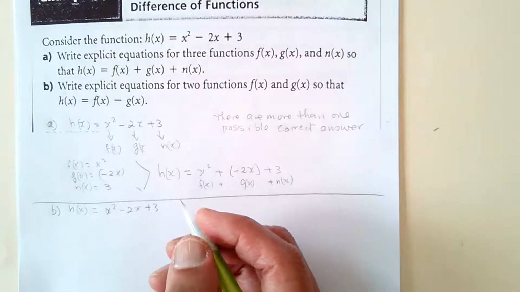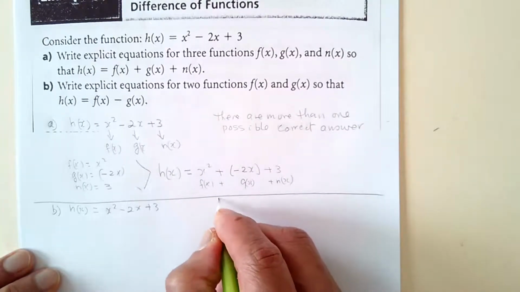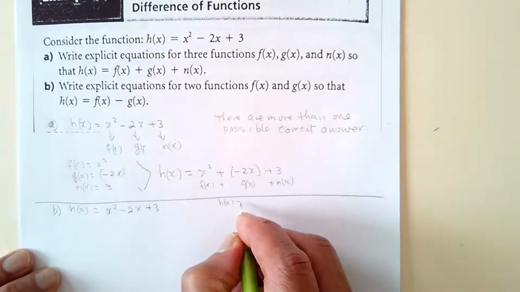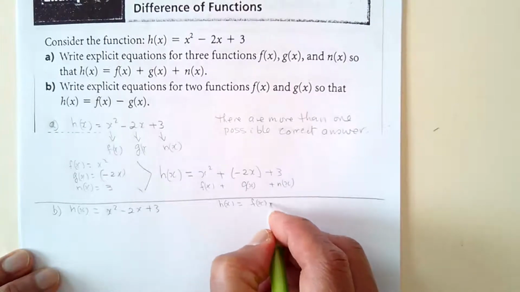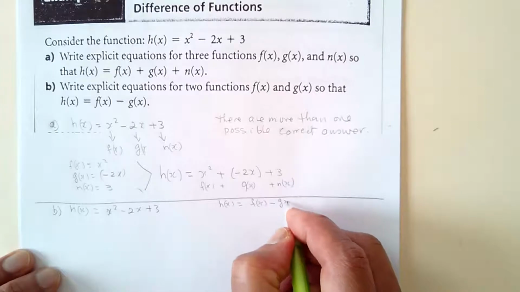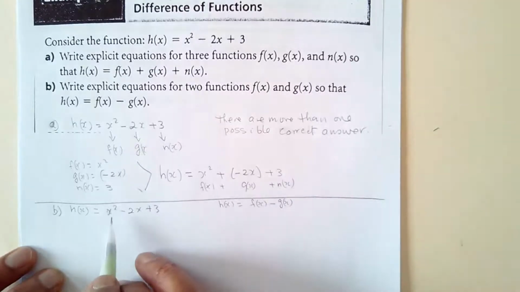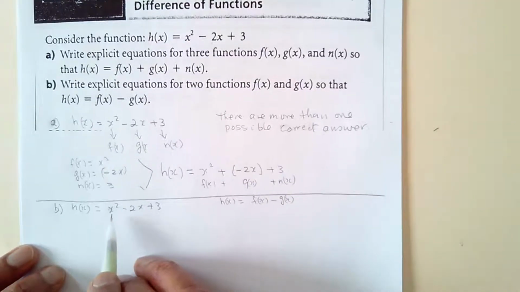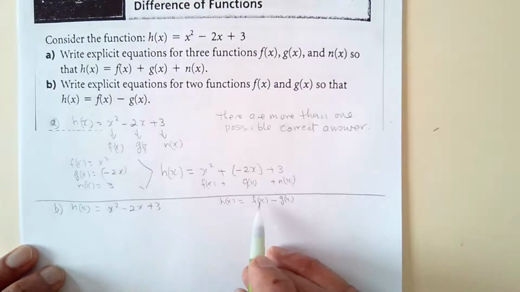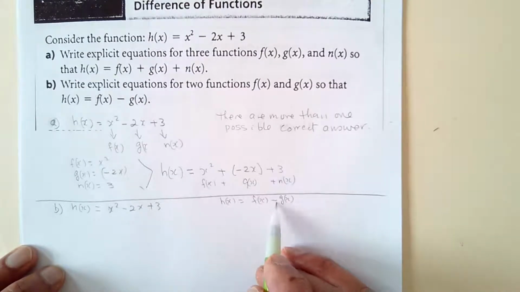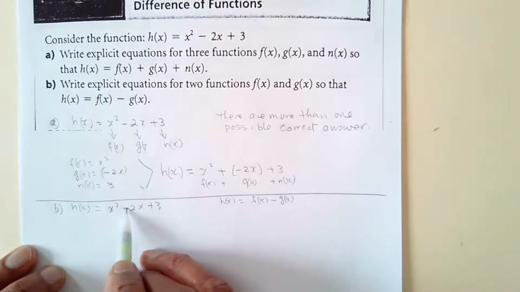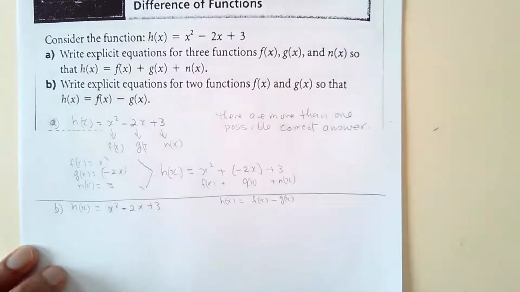So we need f of h of x is equal to f of x minus g of x. Now, we have to change this function around so that we can end up with f of x minus g of x, and it will still maintain its original function.